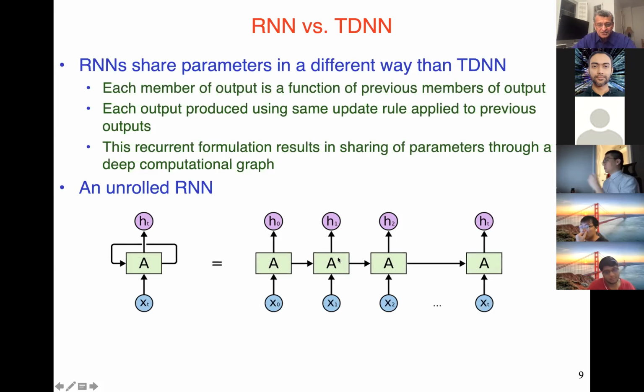And so the parameters are being used here in this way, as opposed to the TDNN, which was accumulating all of them together with the inputs and then processing it once. Here we are completely processing it to the output. So the use of the parameters here is different. RNNs share parameters in a different way than TDNNs. Anyway, RNN is more important than TDNN.